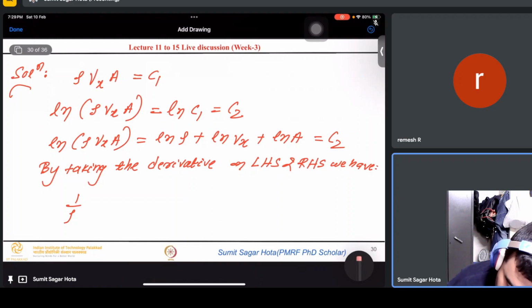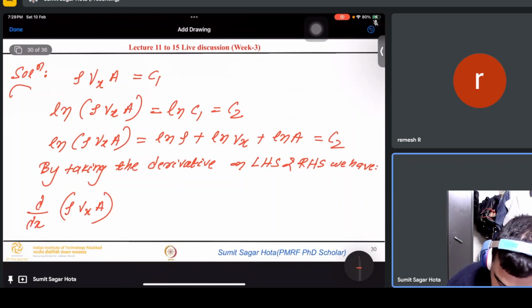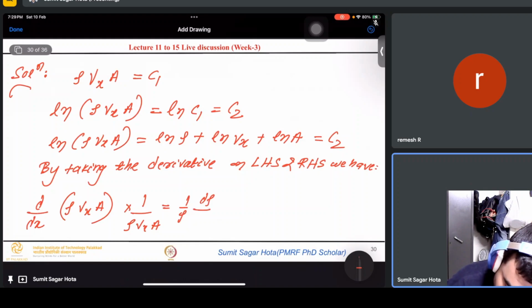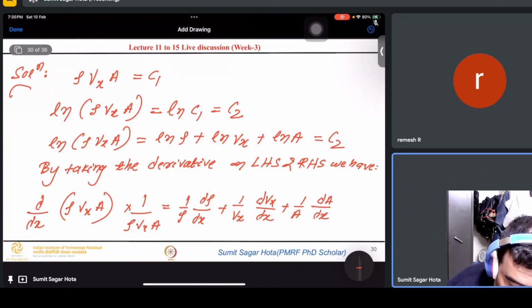One by rho d rho by dx, plus 1 by vx dvx by dx, plus 1 by A dA by dx, equal to 0.